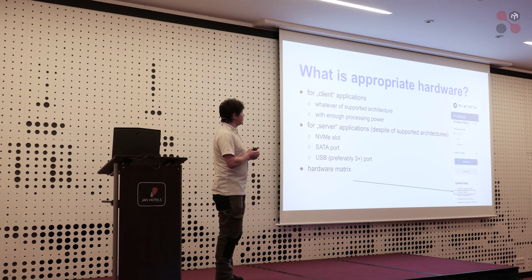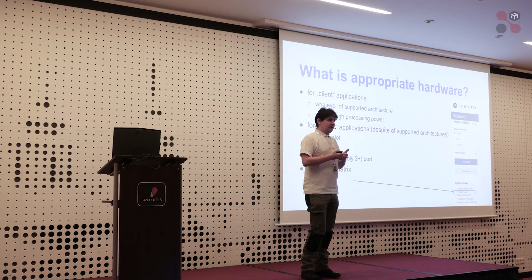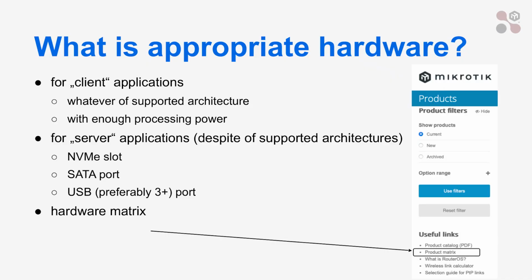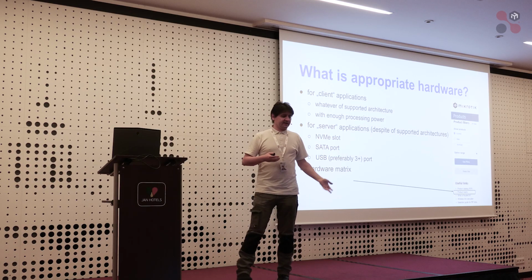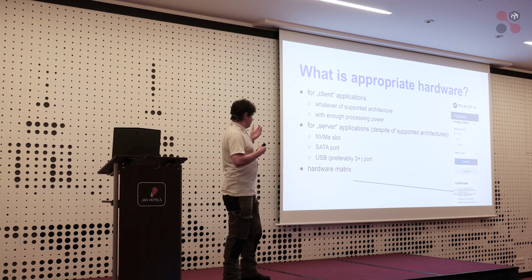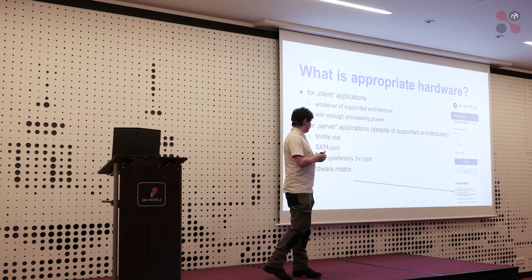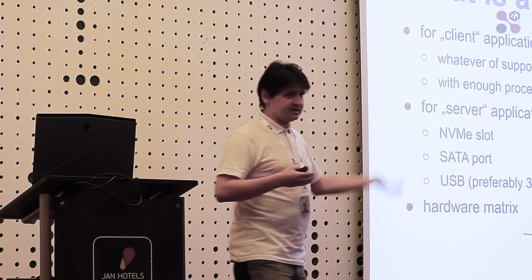What hardware can you choose? For client applications where you consume those services, almost anything that has a supported architecture, because all those services can be both client and server. So you can have Samba client, Samba server, NFS client, NFS server, iSCSI server, iSCSI client.